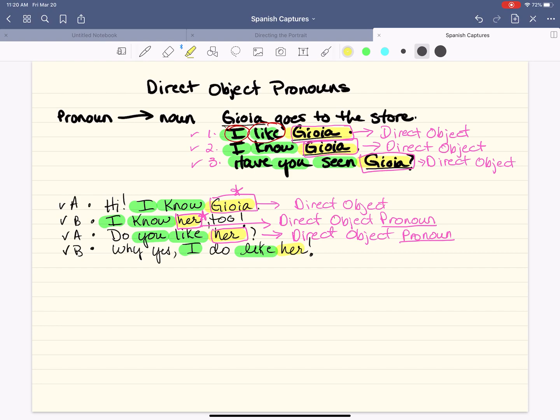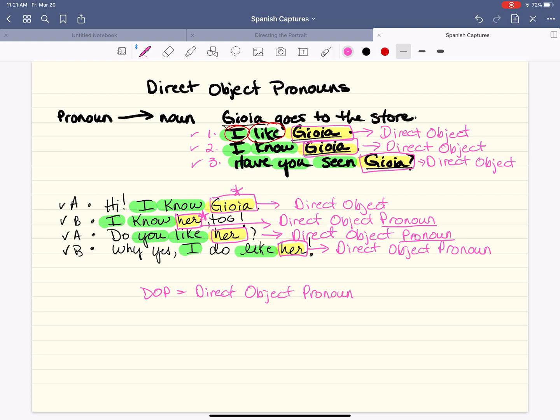She directly receives the action of my liking. She is a direct object pronoun. I'm going to abbreviate that from now on as DOP. Direct object pronoun.